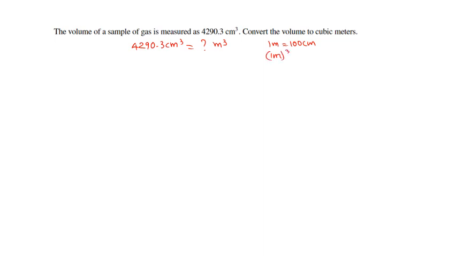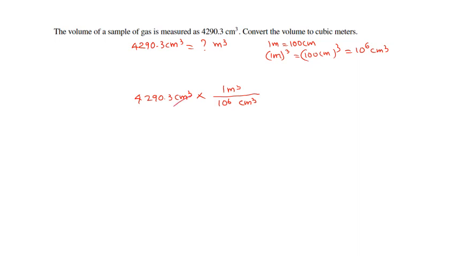So that equals 10 to the power 6 centimeter cube, and then I will just use that here. So that means 4290.3 centimeter cube, and I know centimeter cube has to be cancelled, so centimeter cube I will write at the bottom in the denominator, and in the numerator I need meter cube, so I will write 1 meter cube.